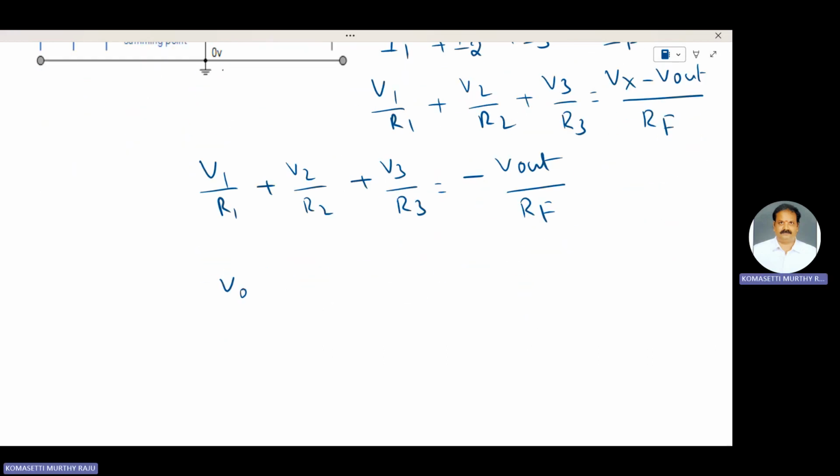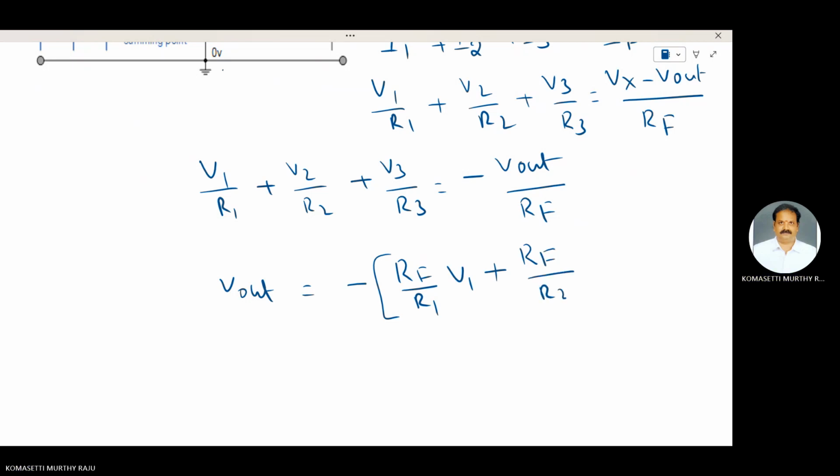Vout is equal to minus of RF by R1 into V1 plus RF by R2 into V2, next RF by R3 into V3.